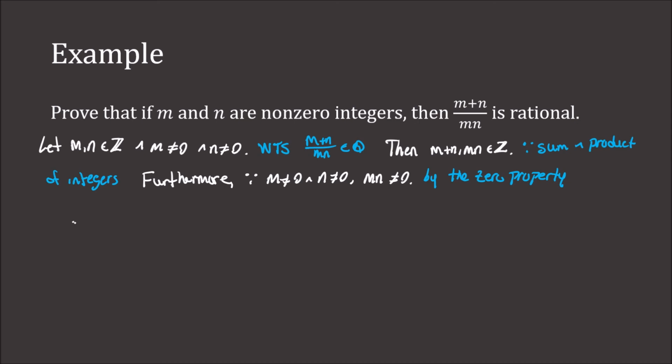Well, therefore, m plus n over m times n has to be rational. We've just shown that m plus n is an integer, m times n is an integer, and m times n is not 0. Since that is what we set out to show, our proof is complete.